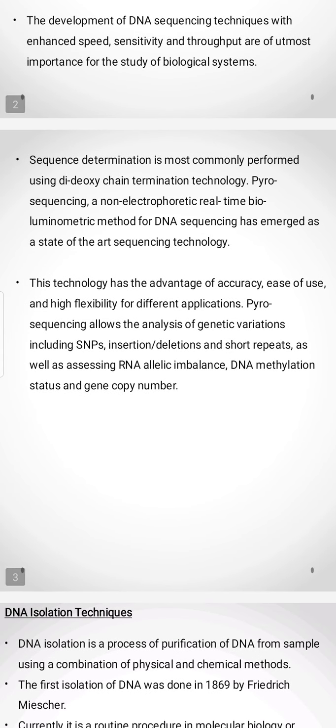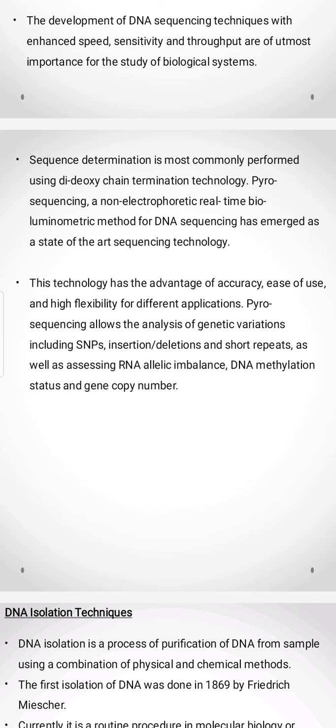systems. Sequence determination is most commonly performed using dideoxy chain termination technology. Pyrosequencing, a non-electrophoretic real-time bioluminometric method for DNA sequencing, has emerged as a state of the art sequencing technology.